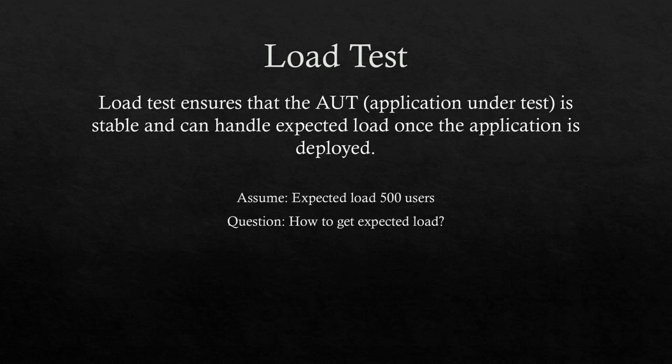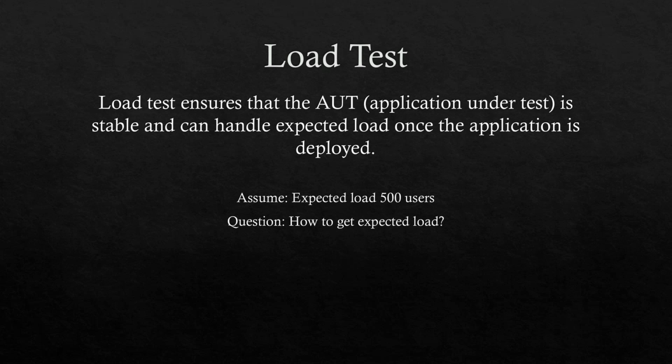How are they arriving at this number 500? They might come up with it based on analysis: how many end users they have who are going to use this application. But let's assume HDFC Bank has 1 lakh customers.